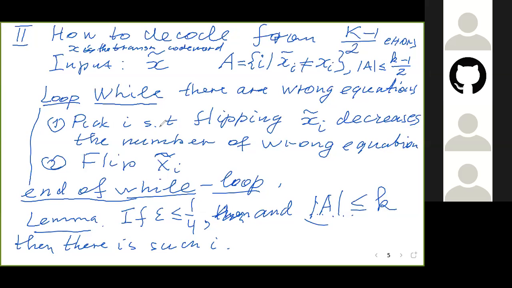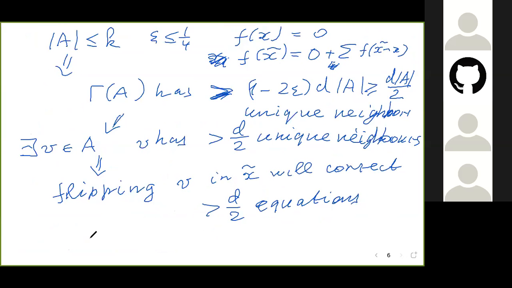And to prove both things, we need to find some invariant, some statement which is invariant under performing steps 1 and 2. And so we will prove the following lemma.